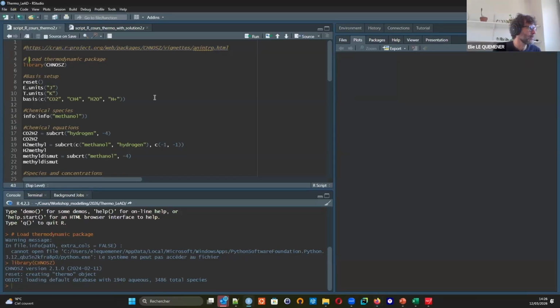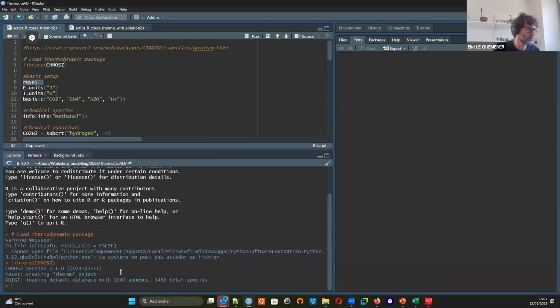Okay, so when you want to use this package, the first thing is to define what they call the setup. It means the default state for your different elements. Reset is just to reset the system if I ran some calculation before.